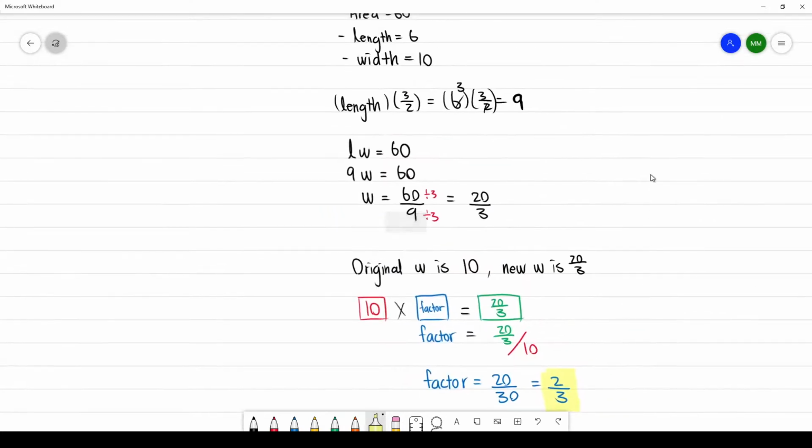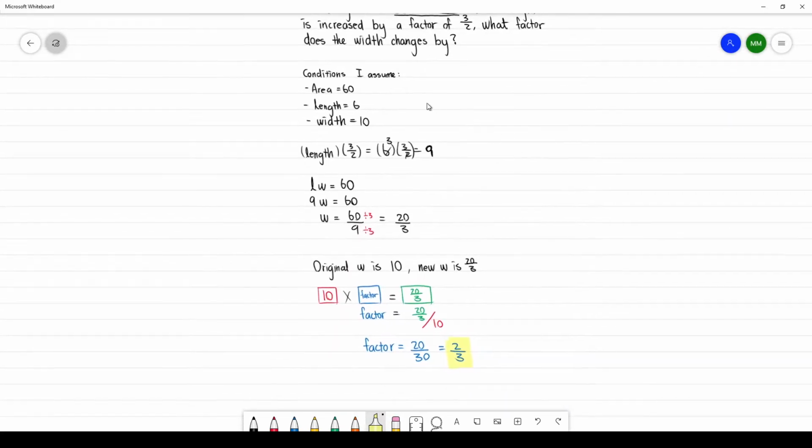So I assumed these are the conditions, and then I figured out what the new width is. And then with the original width and the new width, I figured out the factor. Does that make sense? Kind of, maybe? Or not at all?